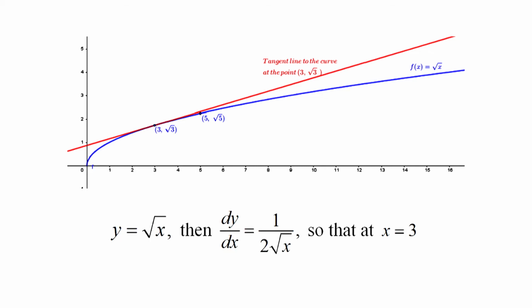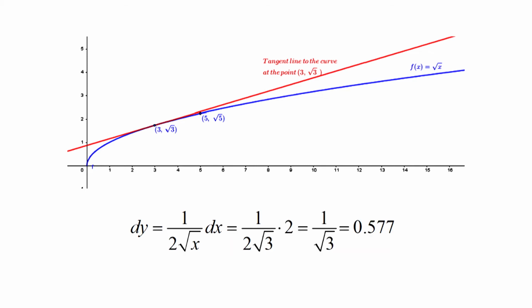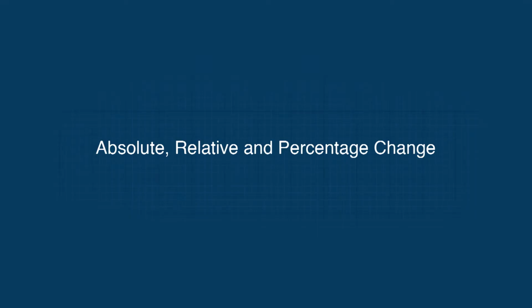If y is equal to square root of x, then dy/dx is equal to 1 upon 2 square root of x, so that at x is equal to 3, dy is equal to 1 upon 2 square root of x dx, which is equal to 1 upon 2 square root of 3 times 2, which is equal to 1 upon square root of 3, which is equal to 0.577.